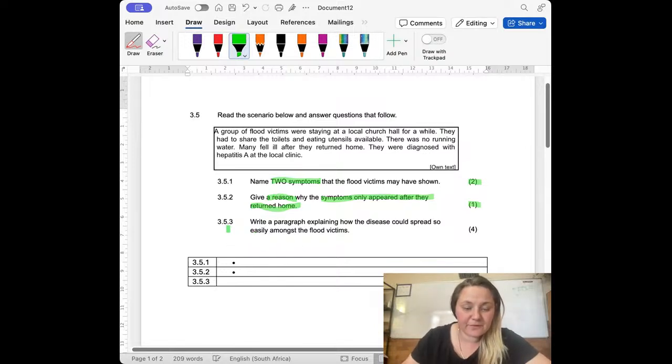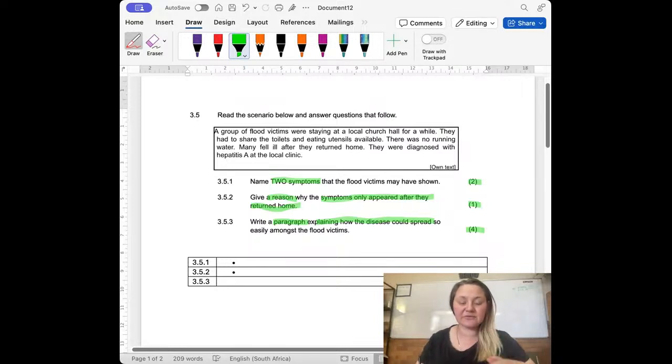Then 3.5.3, write a paragraph, that's important, explaining how the disease could spread, that's very important, so easily amongst the flood victims. And then that is 4 marks. So when they ask in a paragraph, know that you are not allowed to answer your question in bullet point form.